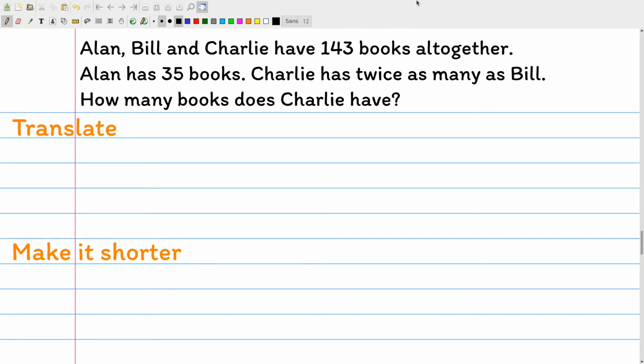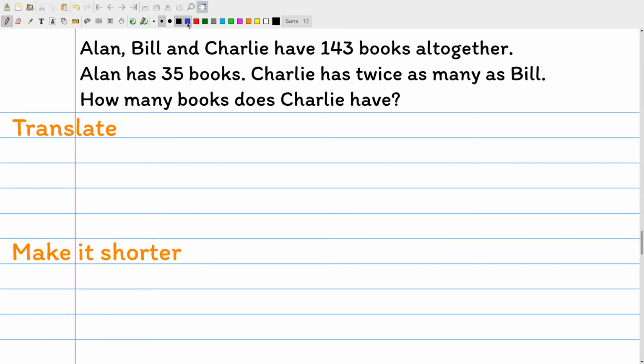Charlie has twice as many as Bill. How many books does Charlie have? Just like what we saw on the last page, the mathematical language consists of three parts: translate, make it shorter, and find the answer. Let's follow the steps and see how we use math language to solve it.